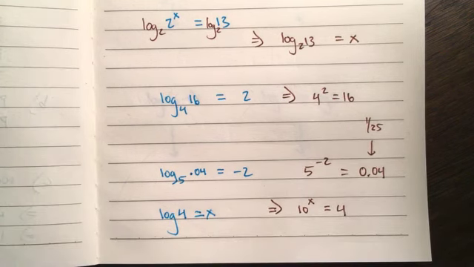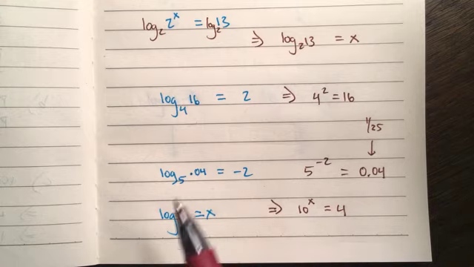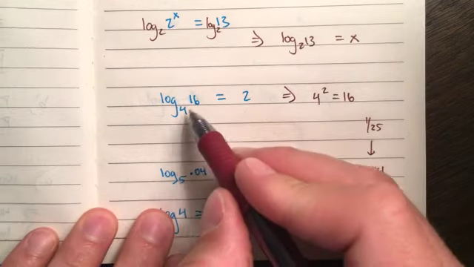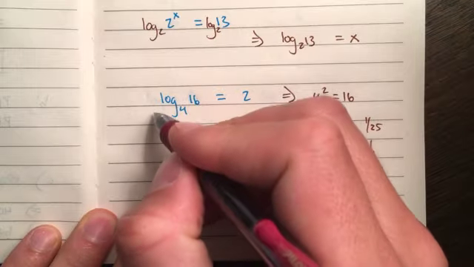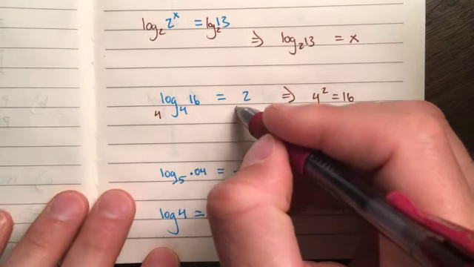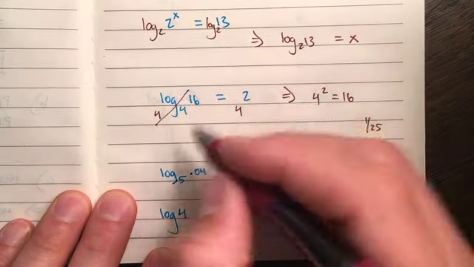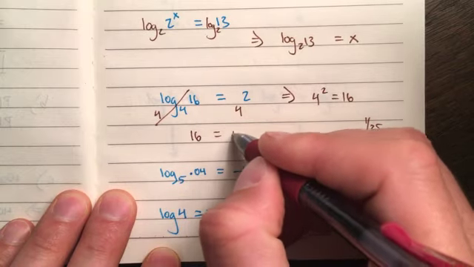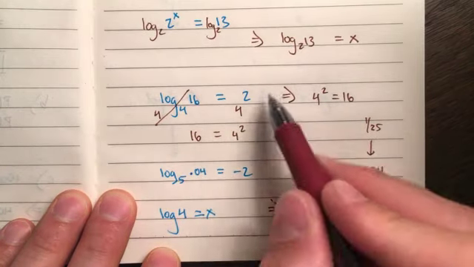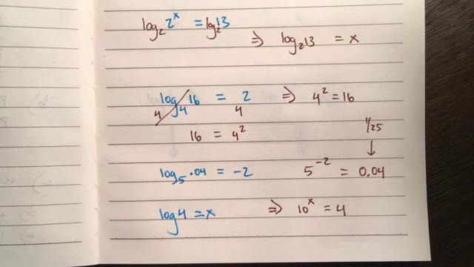Okay, so whether you're thinking about rewriting it or maybe using inverse operations, like in this case, you could say 4 raised to this and 4 raised to this, that cancels out, so you get 16 equals 4 squared. Or whether you're just using your definition, that is converting between exponential and logarithmic form.